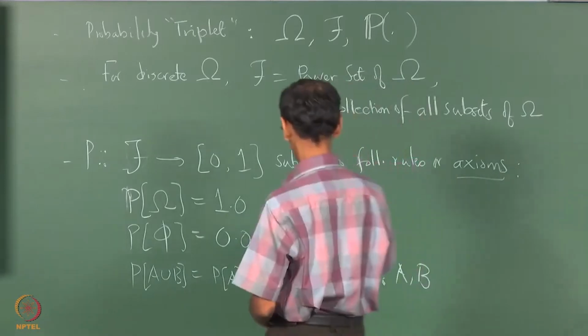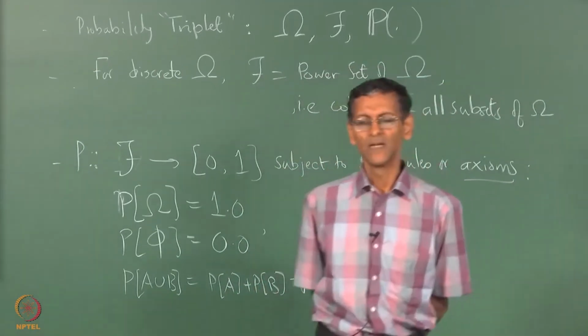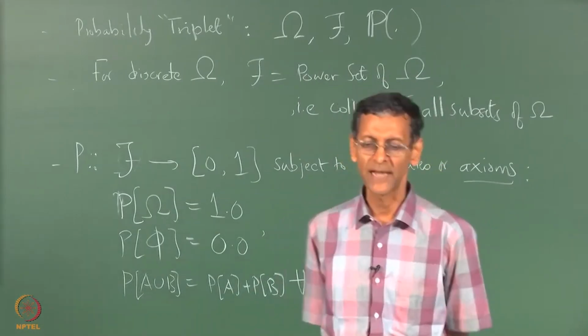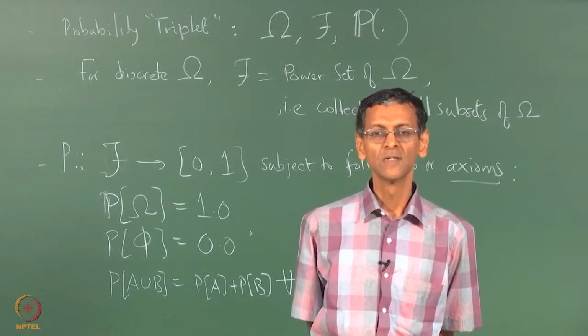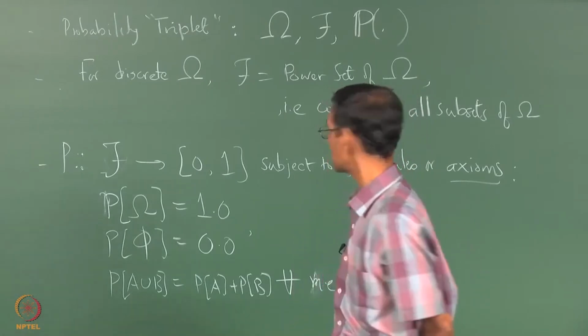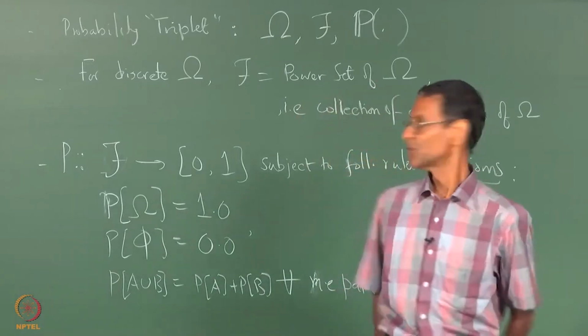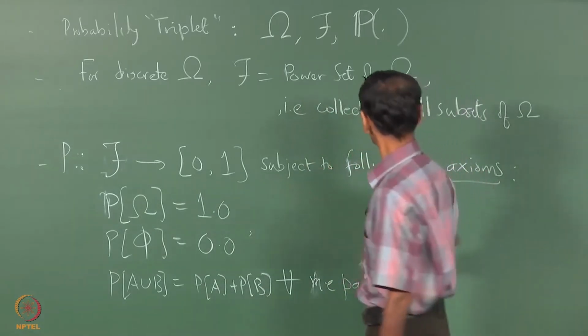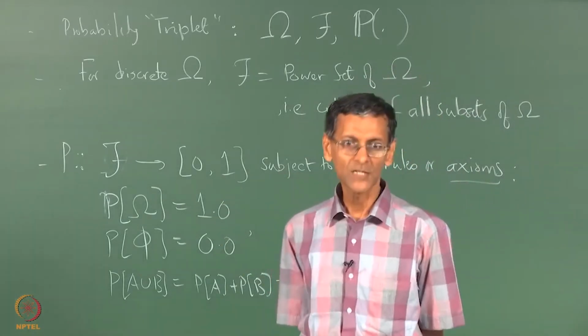Then the most important thing beyond this is this statement here. If you take any two sets A and B which are mutually exclusive, then the probability of the union of A and B must be the sum P(A) plus P(B). So these are all the rules, or axioms, that we use to construct this probability function.